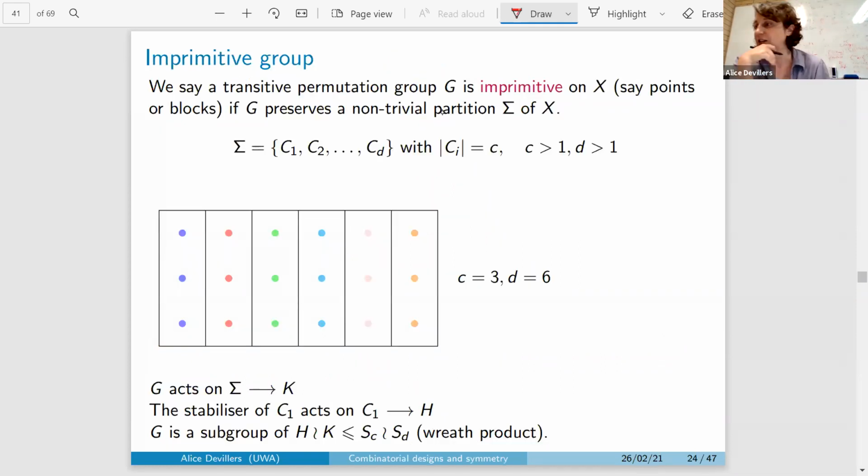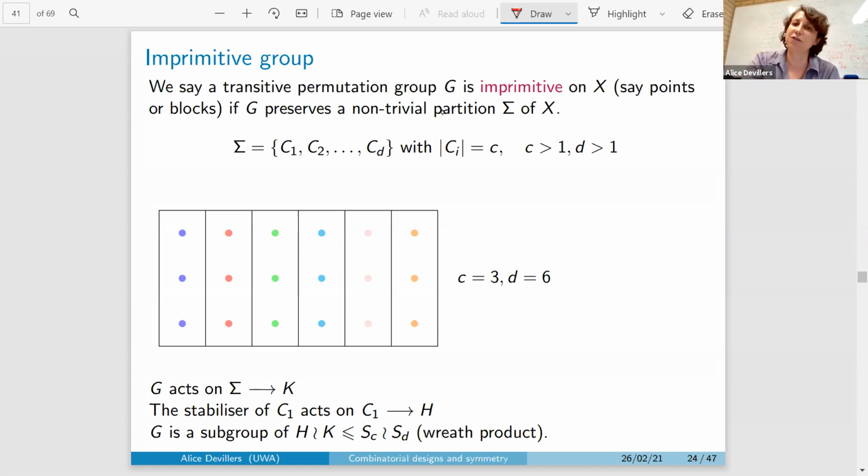In this project, I wanted to talk a little bit about what we were interested in today, which is what's called imprimitive groups. So what's that? If we have a transitive group, we say it's imprimitive on that set X, which can be points or blocks, if G preserves a partition, and we want this partition to be non-trivial.